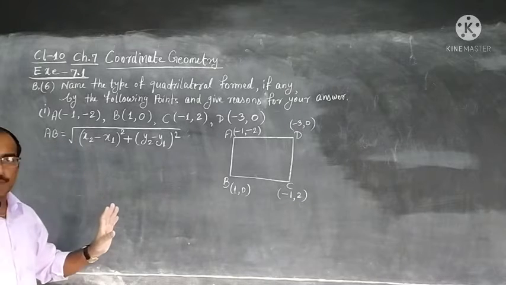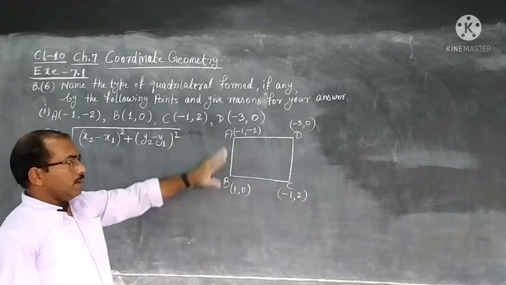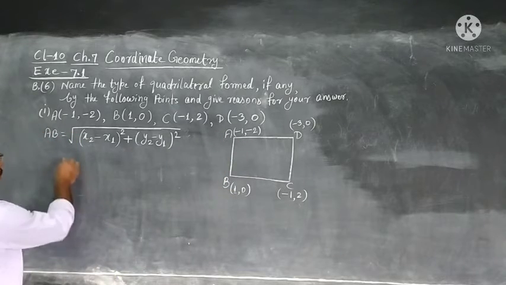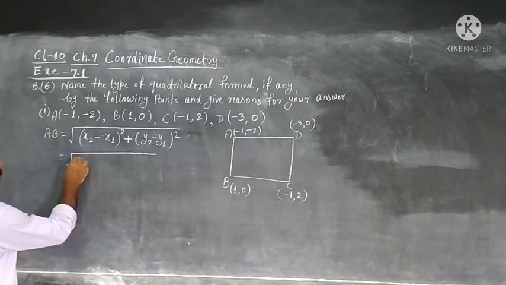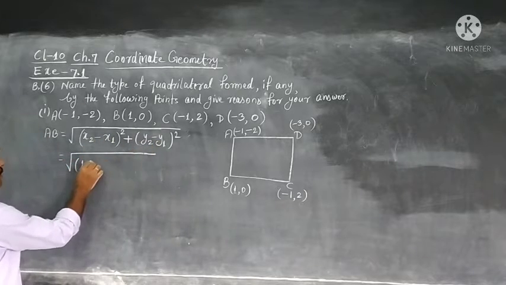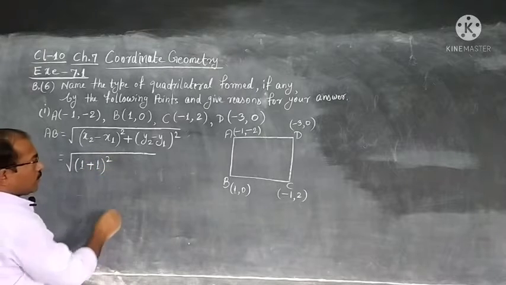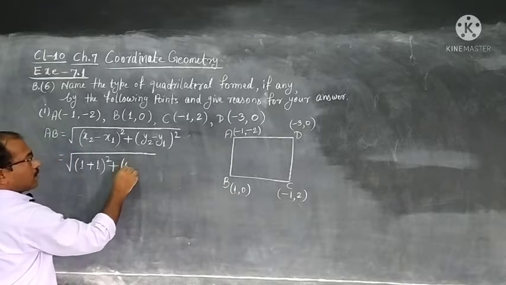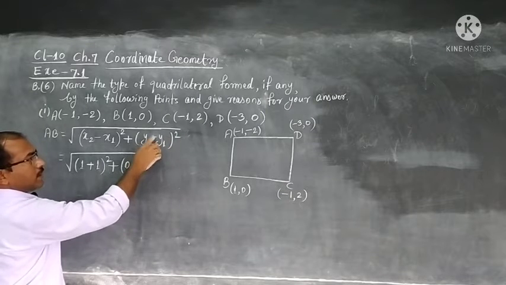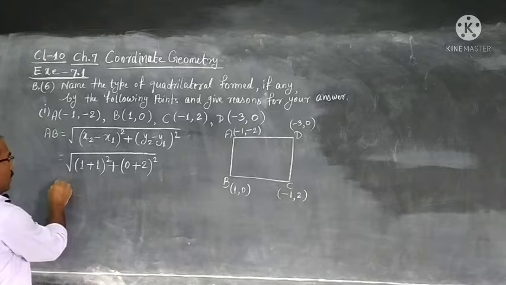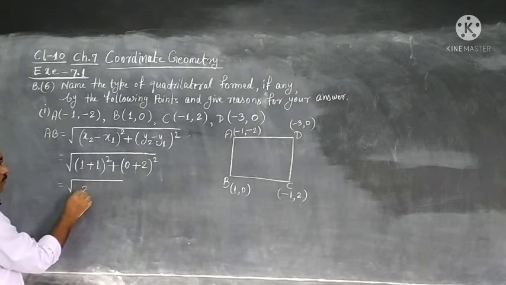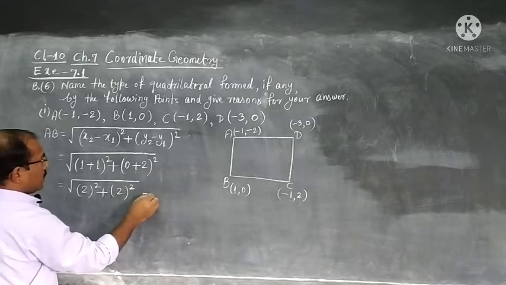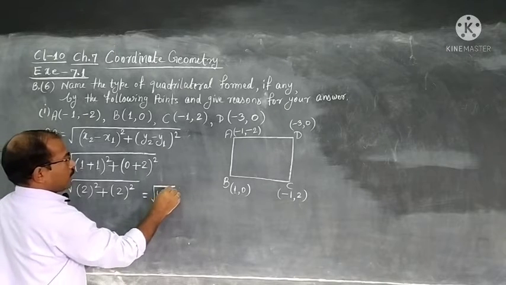The 2 points A and B. So x2 is 1 and x1 is -1, so minus minus becomes plus, 1 plus 1 is 2 square, plus y2 is 0 and y1 is -2, so that will also be plus, 2 square. 2 square is 4 and another 2 square is also 4.